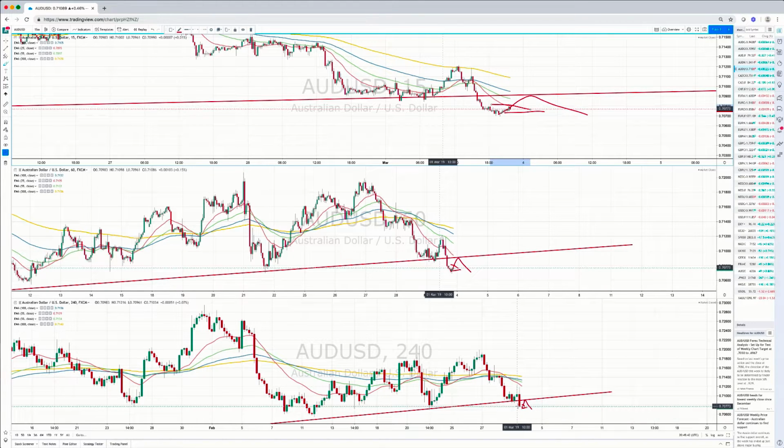So you got a 40-ish pip move towards the end of the day on a Friday, which really shows the sentiment towards the pair. From that perspective, it is looking good, and it is certainly something that we will be looking to take advantage of if we get that setup come tomorrow morning, Monday morning.